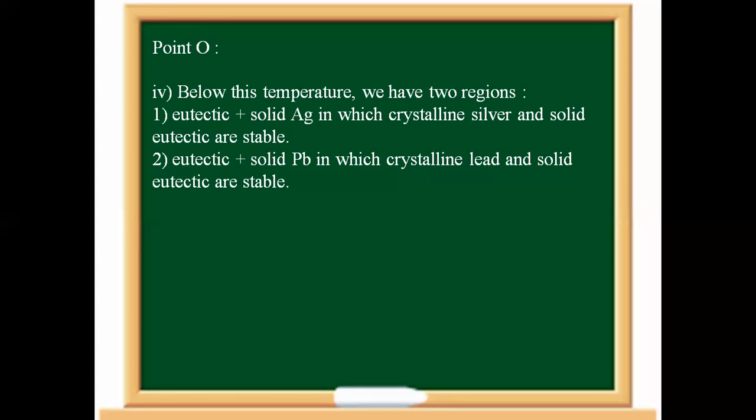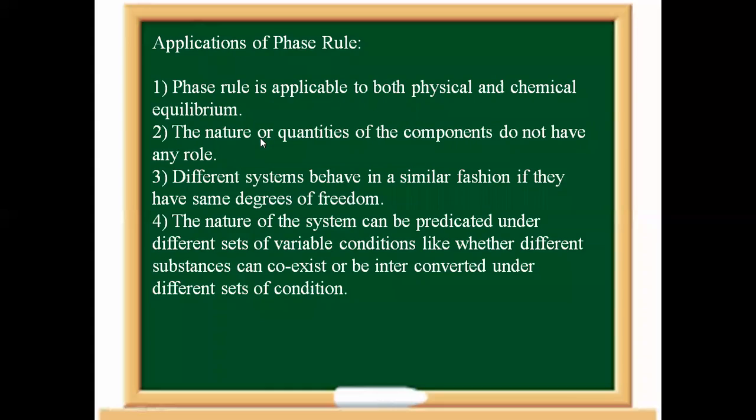temperature of 303 degrees Celsius. But below 303 degrees Celsius, what is the situation? That also we should know. So below 303 degrees Celsius, obviously there is the eutectic composition plus solid silver, in which crystalline silver and solid eutectic are stable.